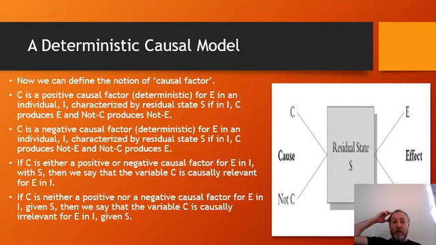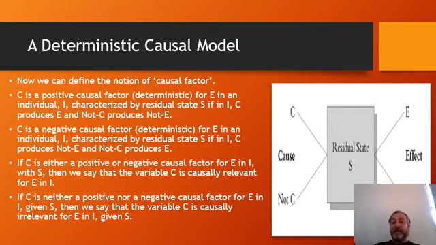This holds for an individual I, call that individual me, characterized by a residual state S. My residual state is like having blonde hair, blue eyes, and all the other values of variables that I instantiate. C is a positive causal factor if C produces E and not C produces not E. So fair skin would be a cause of skin cancer if having fair skin produces cancer and not having fair skin does not produce cancer.